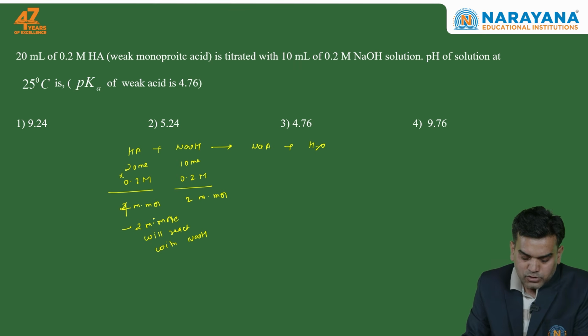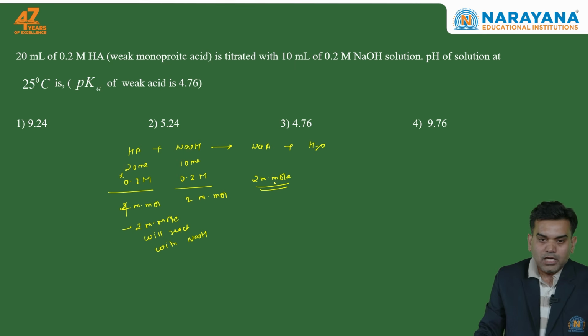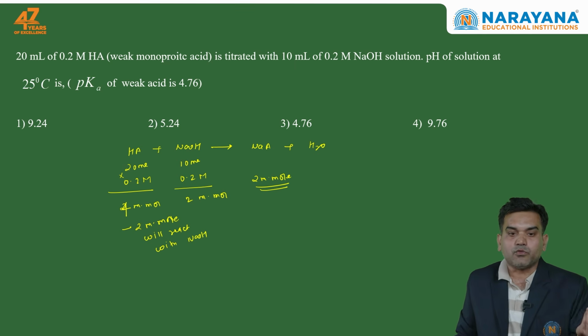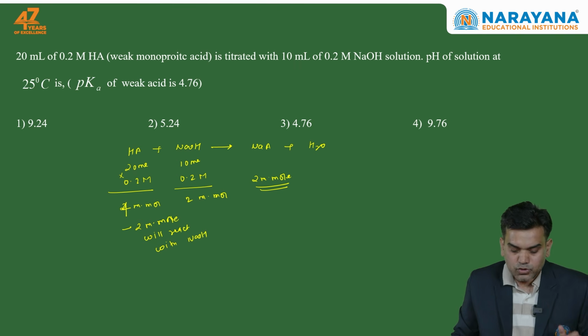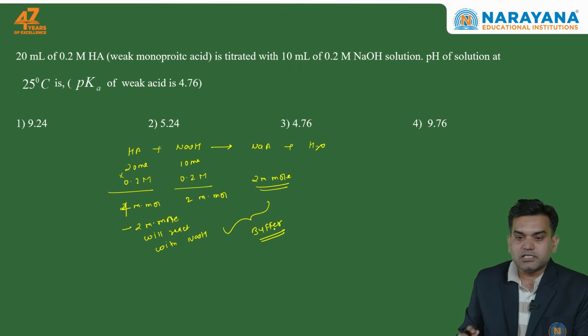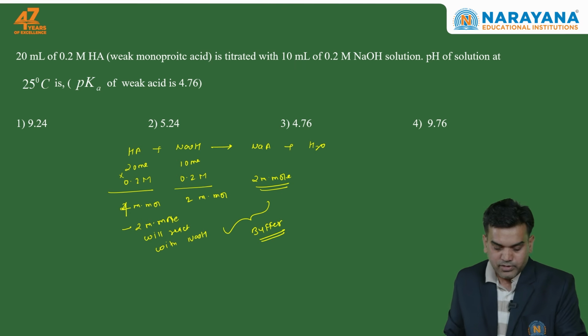So 2 millimoles of HA will give 2 millimoles of NaA. Now in this case we have some quantity of sodium salt and some quantity of the weak acid. So this is a case of buffer, and it is the acidic kind of buffer.